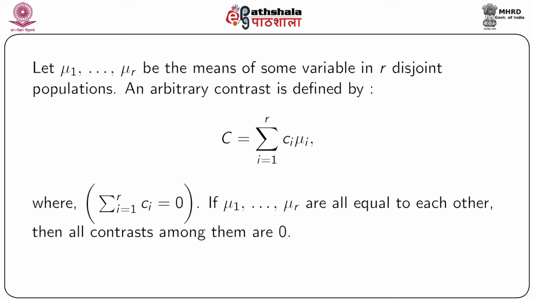Usually, only a finite number of comparisons are of interest. So although we have innumerable possibilities of contrast, we only focus on a finite few which are of interest to us. In this case, Scheffé's method is typically quite conservative and the experimental error rate will generally be much smaller than alpha.